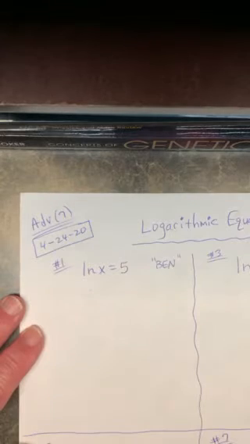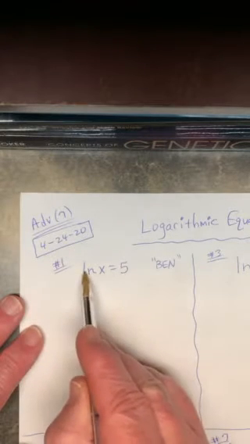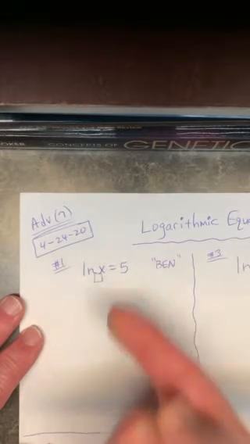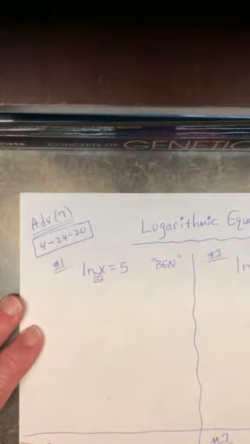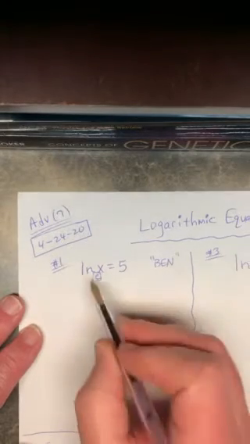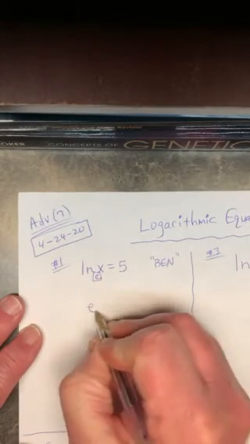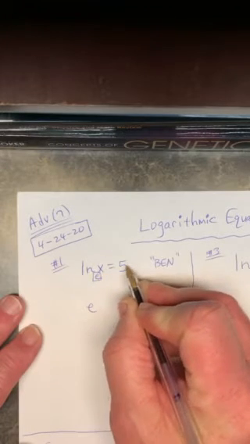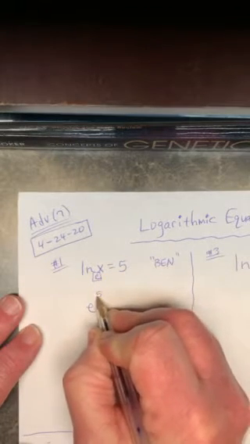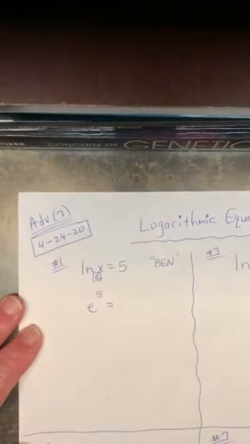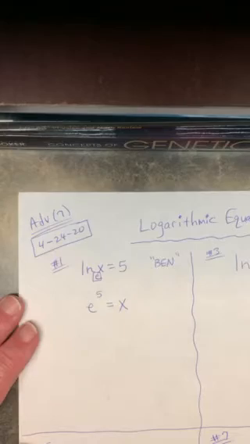If it's an ln, remember your base is understood to be an e, isn't it? So if I use Ben on this equation, my base is e. My exponent is always on the other side of the equal sign, which is a 5, right? Equals, and then my final number is back over on the left side, which is x.